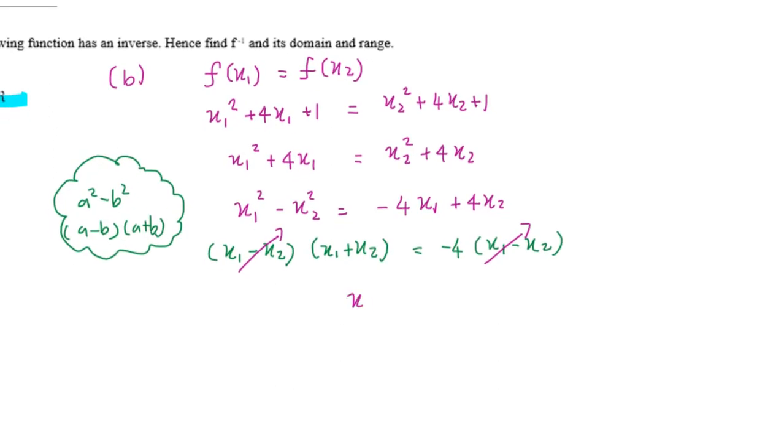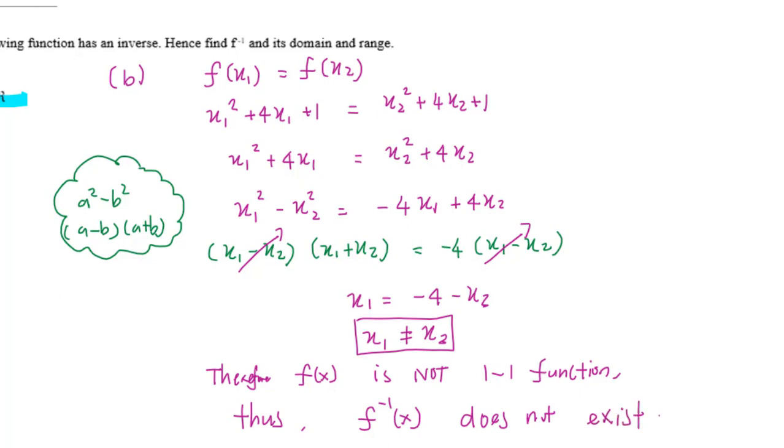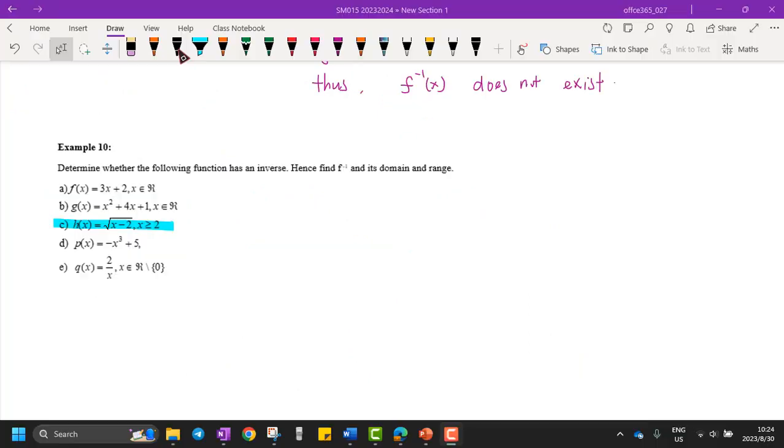And lastly, we get that x1 equals negative 4 minus x2, which does not give x1 equals x2. So we can draw the conclusion: therefore, f(x) is not a one-to-one function. When it is not one-to-one, automatically we draw another conclusion: f inverse does not exist. So we do not need to find f inverse once we recognize it is not a one-to-one function.